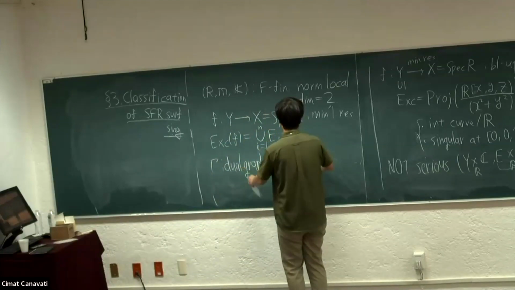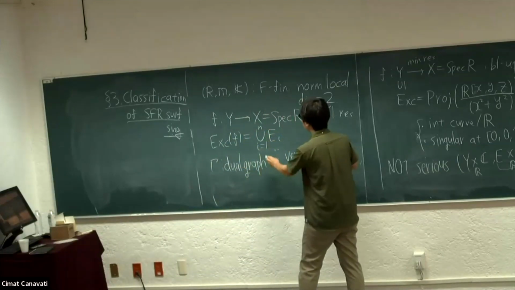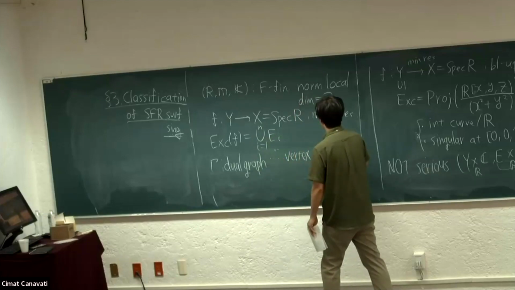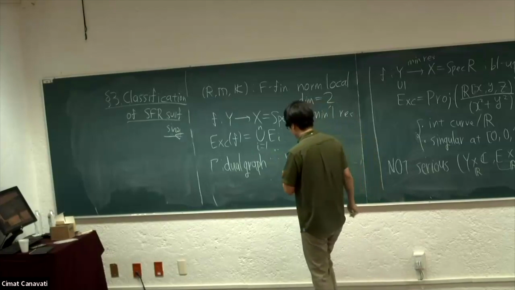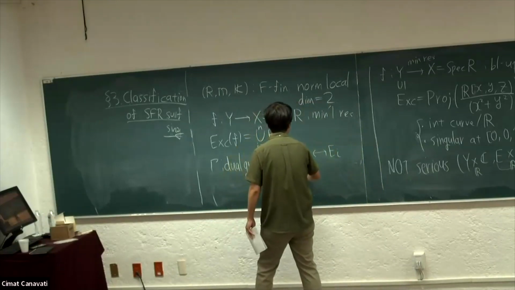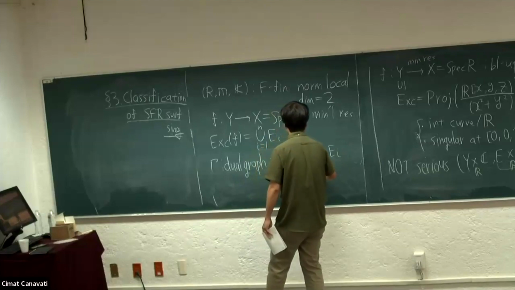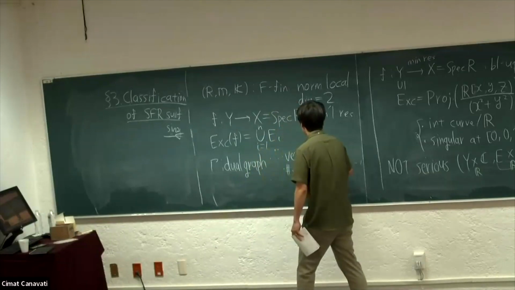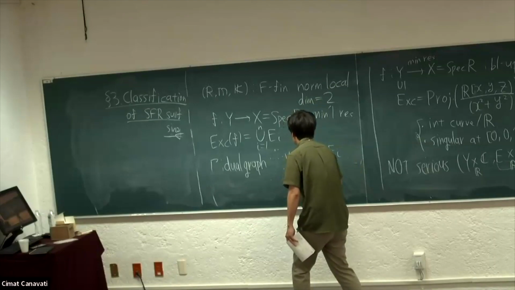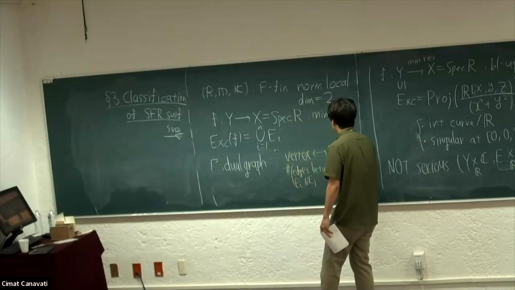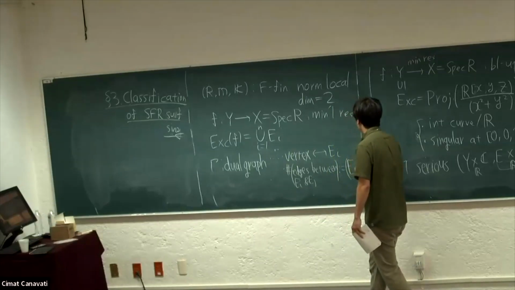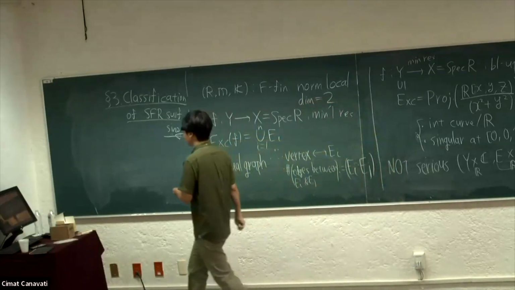So this graph has n vertices, one corresponding to each E_i. And the number of edges between E_i and E_j is defined by the intersection number of E_i and E_j.